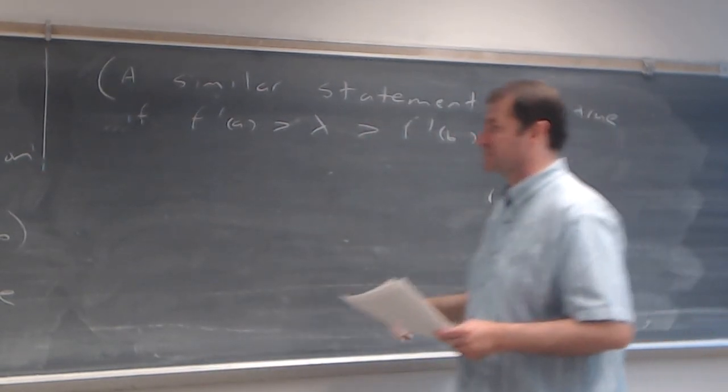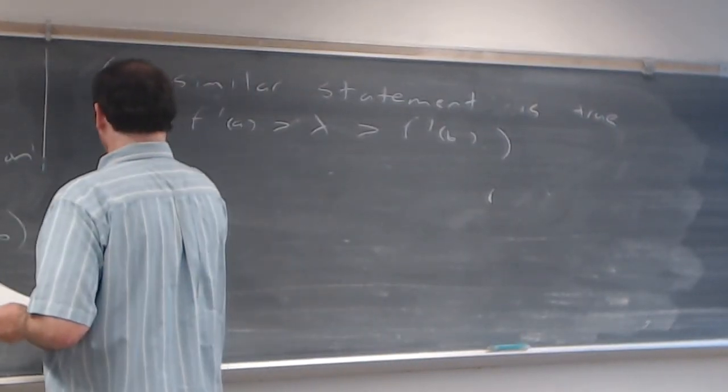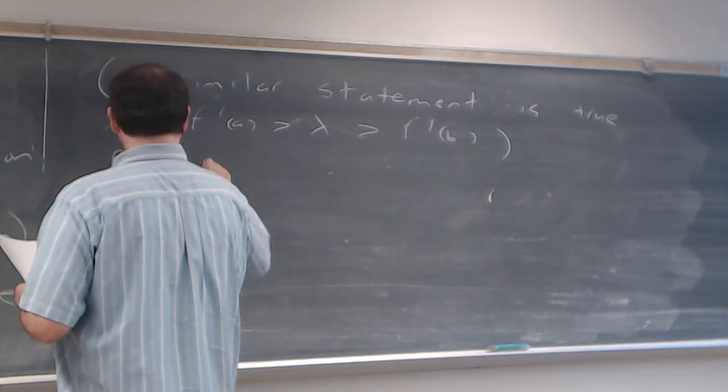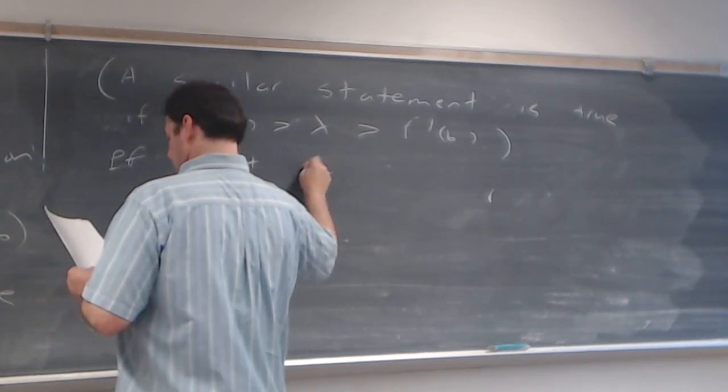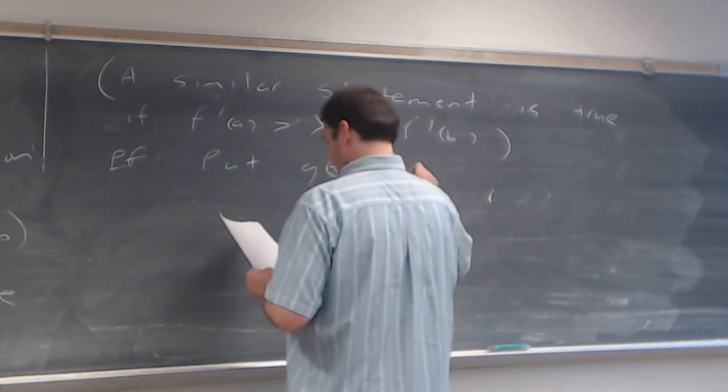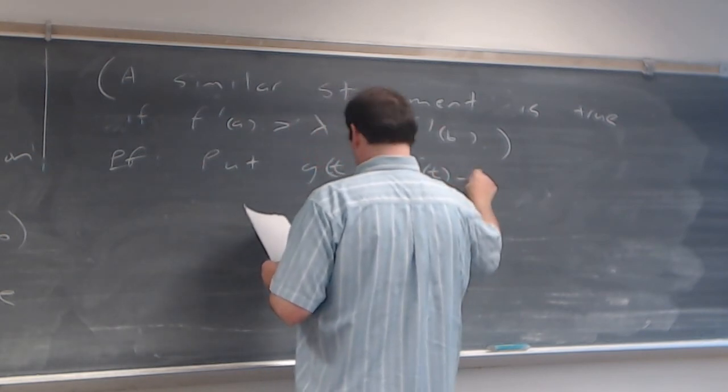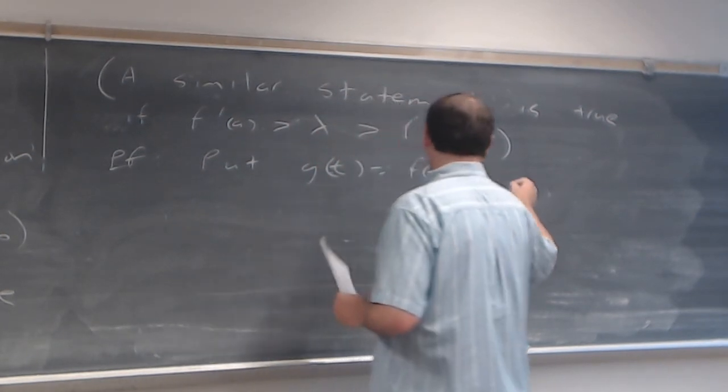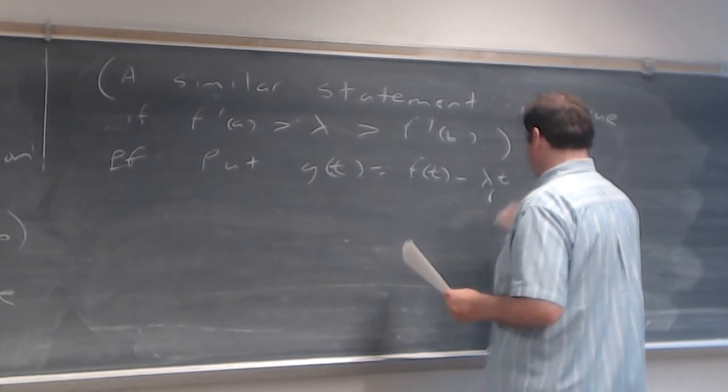Okay, so let's prove the statement we have. Let's put g of t equal to f of t minus lambda times t. Not lambda of t, lambda times t.